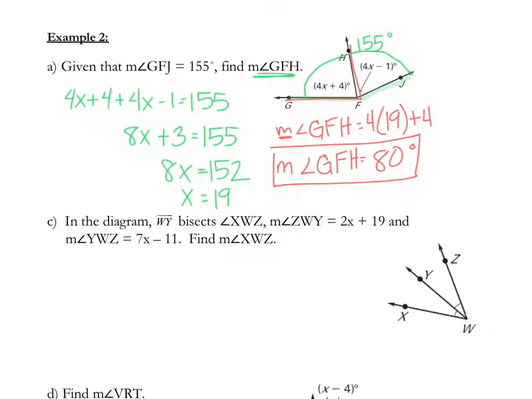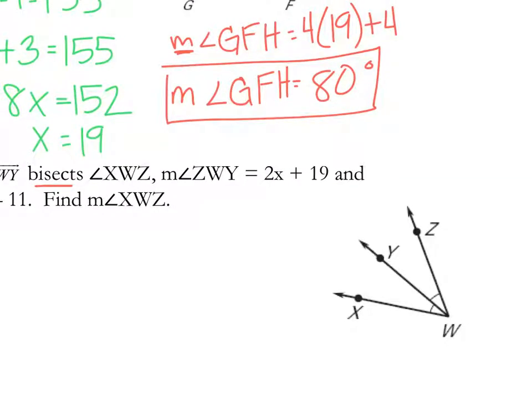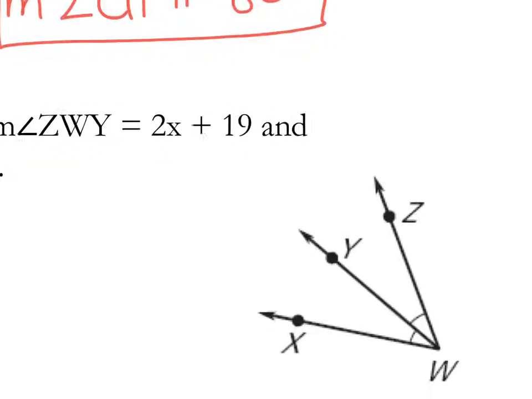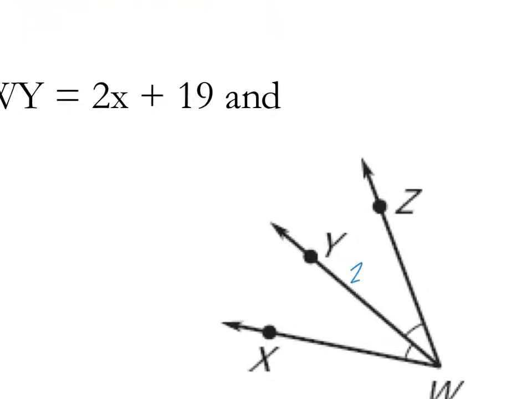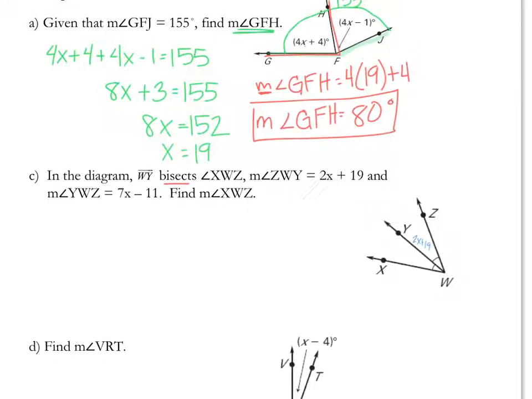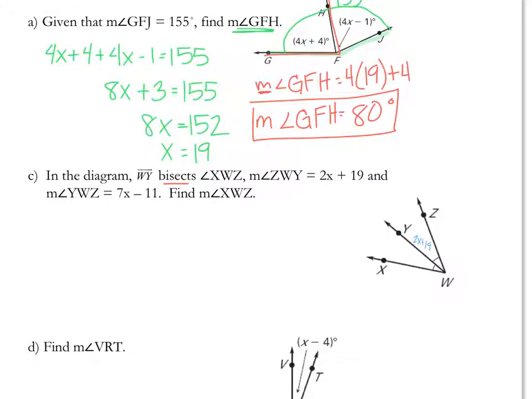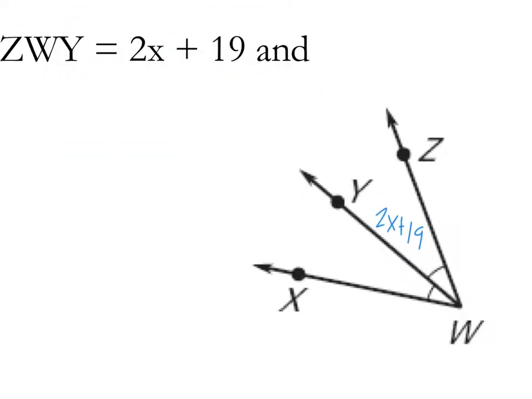Alright, so now a different type of problem. In the diagram, WY bisects. Well, bisect means to cut in half. So if you see in the picture, we have the angle tick marks that already show that your two angles are congruent. ZWY is 2x plus 19, so this is 2x plus 19. And then YWZ is 7x minus 11.